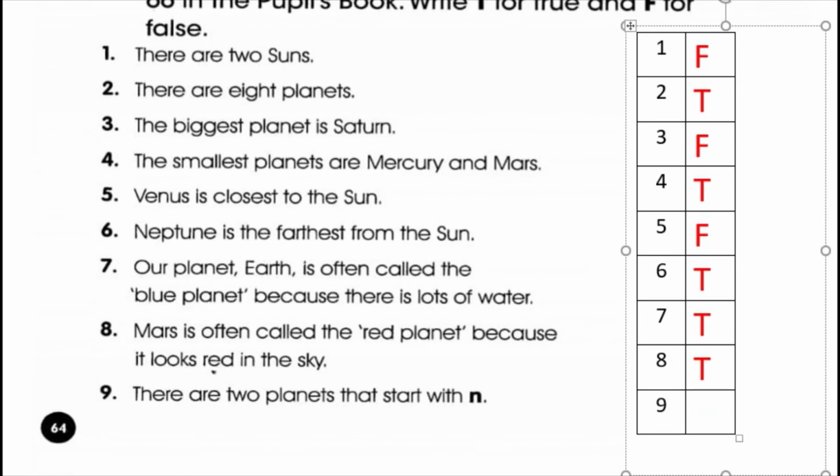For the last point, there are two planets that start with N. I don't think so. We only have Neptune that starts with the letter N. Okay? So I put F for false.